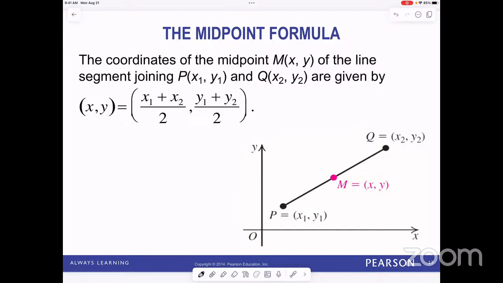In your notebook, the recommendation is you have a formula sheet. Somewhere where every time you come across a formula, you update your formula sheet. This is like our second formula so far, right? So the midpoint formula, so that way, as you're working, you're like, well, I know there's a formula. Which formula should I use? So now you can jump straight to your formulas. But if you're not neat and organized, it's not serving, right?